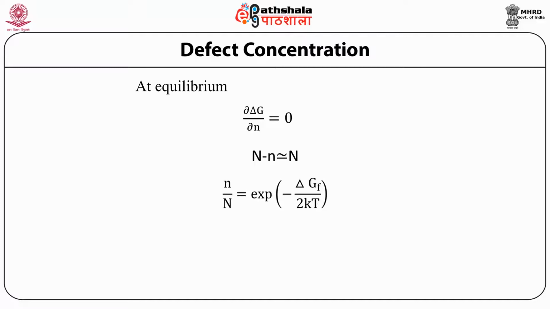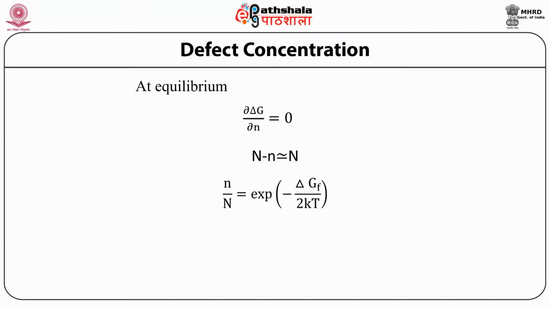Hence, using this equation, we can further simplify and write small n by capital N is equal to exponential of minus delta Hf by 2kT into exponential of delta Sv by 2k.